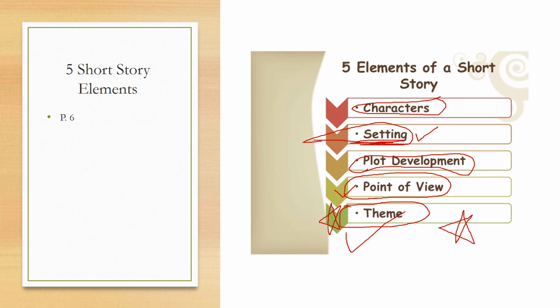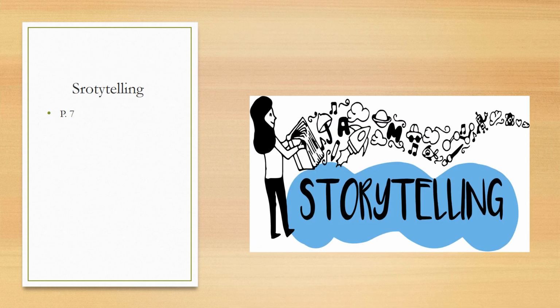Okay, let's move on. The questions on page 7 basically help you analyze the short story. For example, when you hear a short story, you should ask yourself these kinds of questions. Who is telling the story? Why is he telling the story? What is the goal?